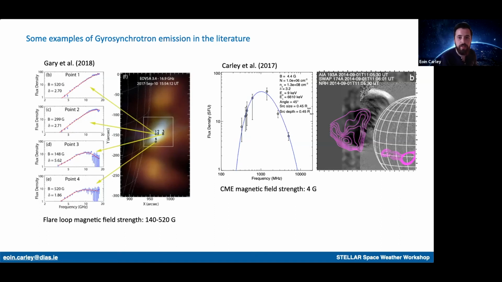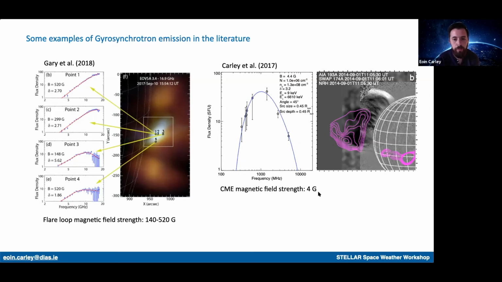Diana showed the really famous case of the Bastian et al. paper where they imaged the radio CME. The radio data flux versus frequency again had these points here, to which we fitted a gyrosynchrotron spectrum to get at all of these parameters of the CME, so magnetic field, density, all sorts of things. You can see the magnetic field of a CME is often a lot smaller than the original flare.